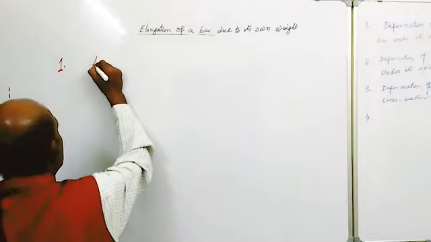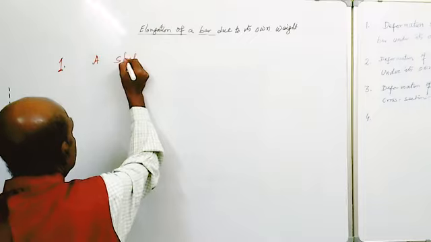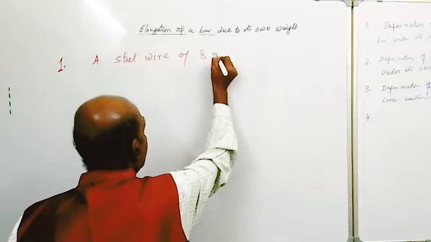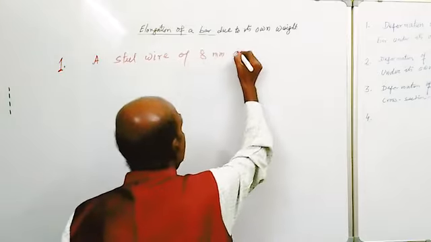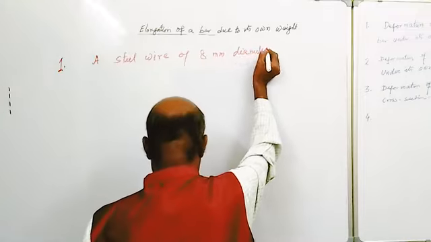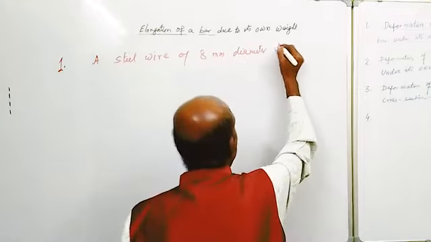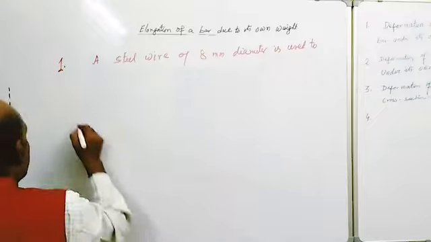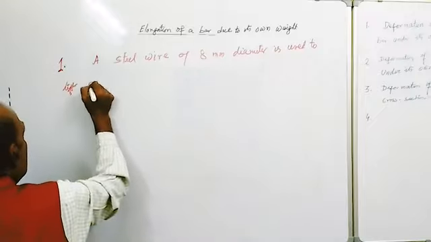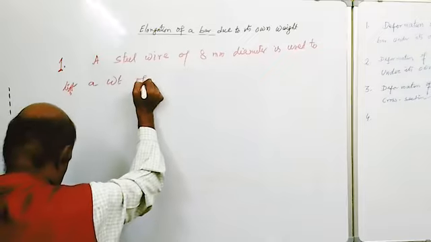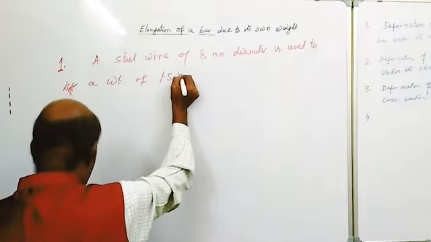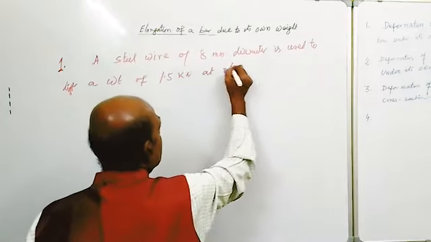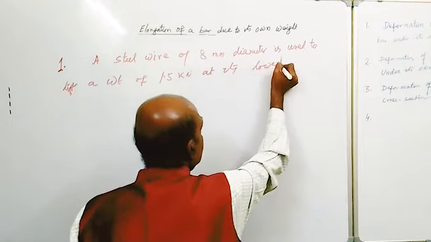A steel wire of 8 mm diameter is used to lift a weight of 1.5 kilonewton at its lowest end.